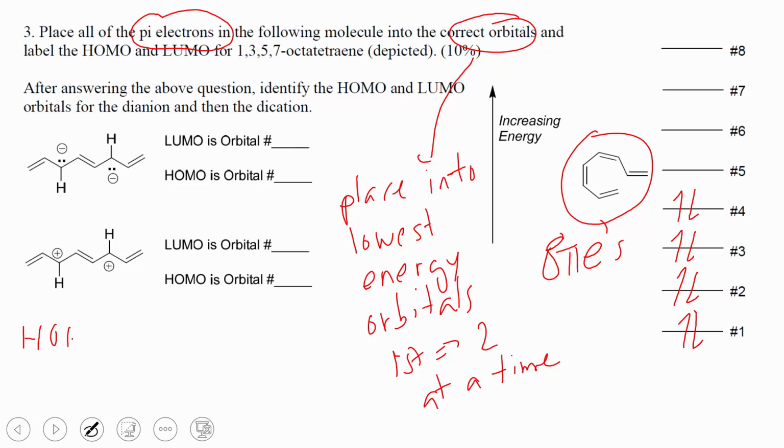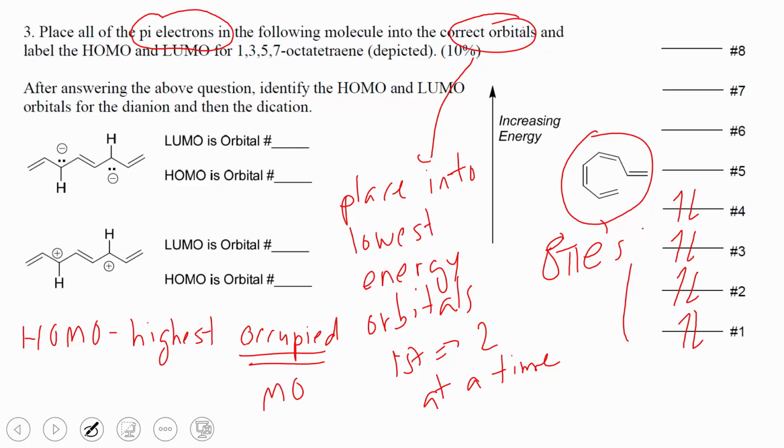HOMO stands for highest occupied molecular orbital. So what's the highest energy orbital that's occupied? It's number 4. So that's the HOMO.